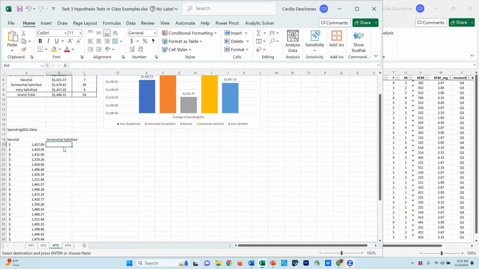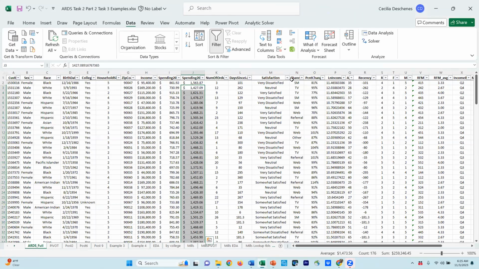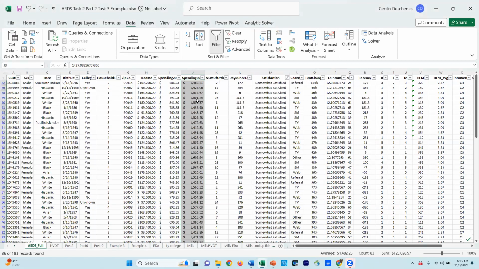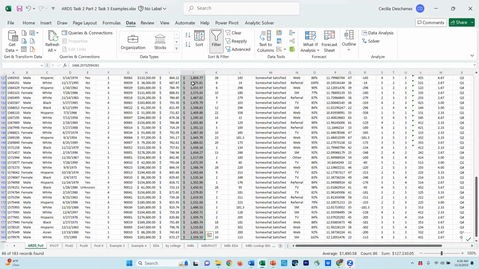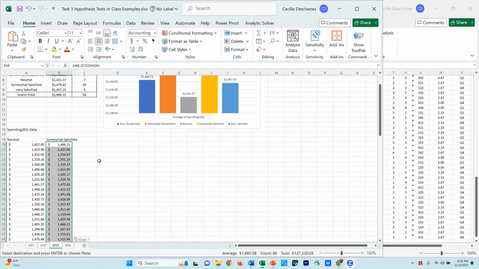Now I'm going to come back over to my ARDS data. I'm going to clear that filter, go back to satisfaction, and this time I'm going to pick somewhat satisfied. And I'm going to go to the first cell in my spending 2021, and I'm going to again get all this column of data. I'm going to copy it, and I'm going to put that next to the neutral data here.